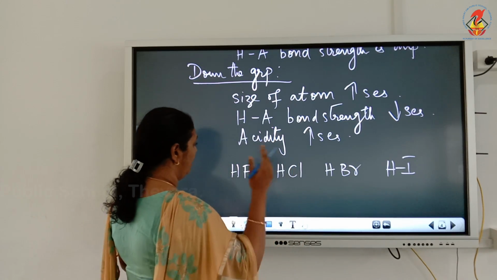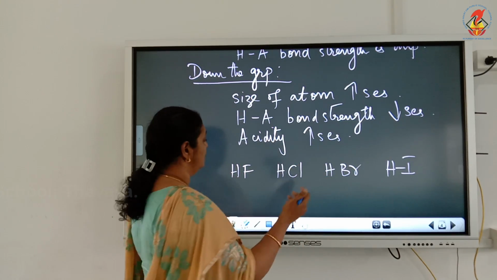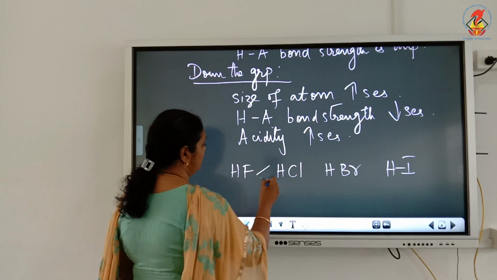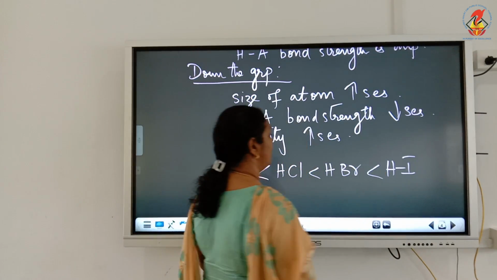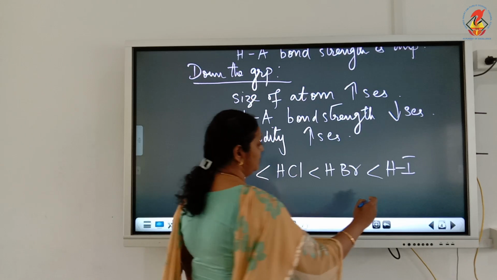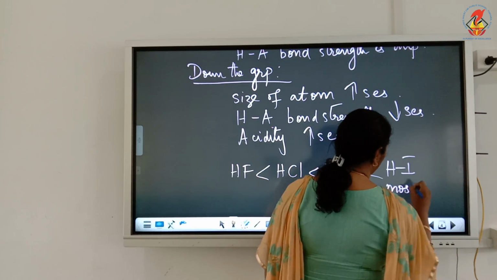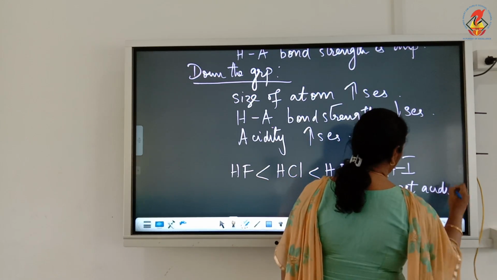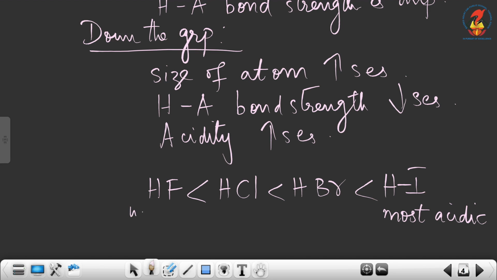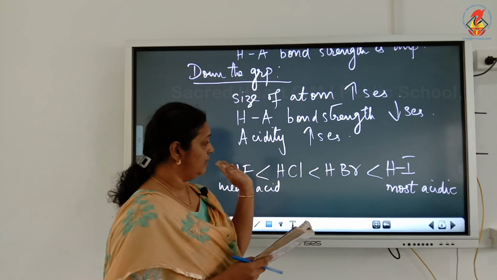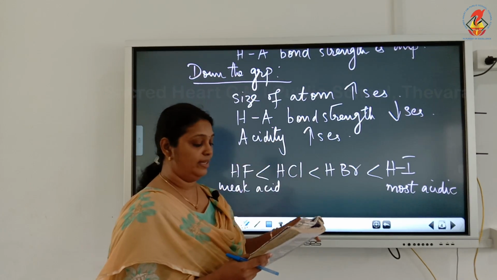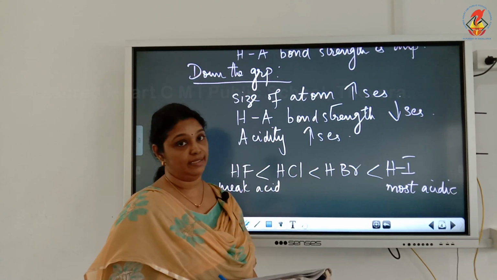So in increasing order of acidity: HF < HCl < HBr < HI. HI is a strong acid and HF is a weak acid. Down the group size increases, acid strength increases.